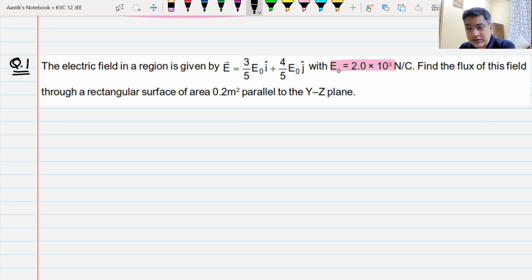Now remember, it's not given in which direction the area vector is. So you can assume any direction, incoming or outgoing, and tell me the value of flux. I'll give you 2 minutes to do this.